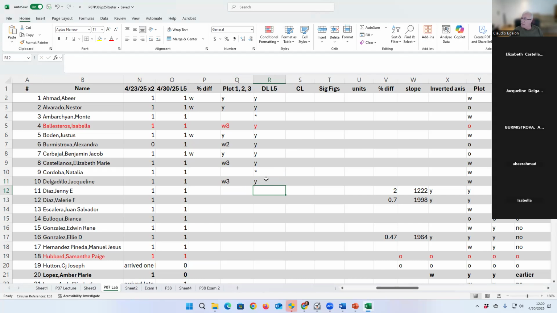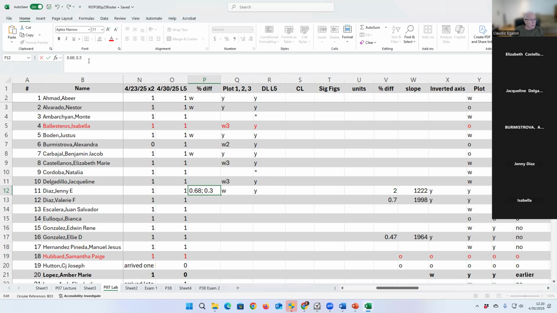Jenny Diaz. I downloaded it, I plotted it, and I know the difference. Okay, can you tell me what's the percentage difference you're getting? For the V1, I have 0.6854. Okay. And then for the V2, it's 0.3676.